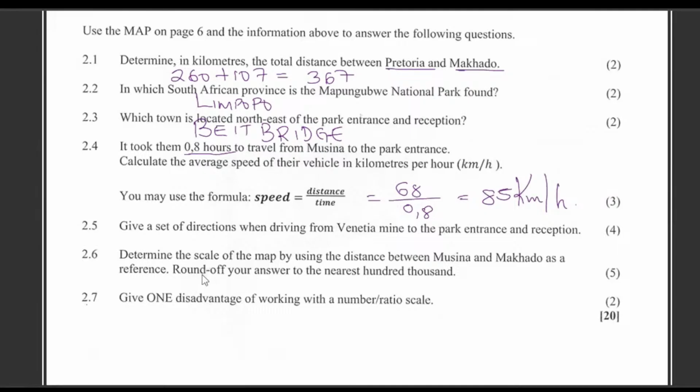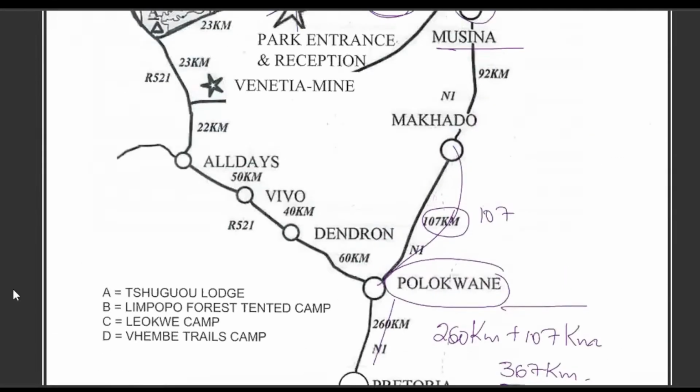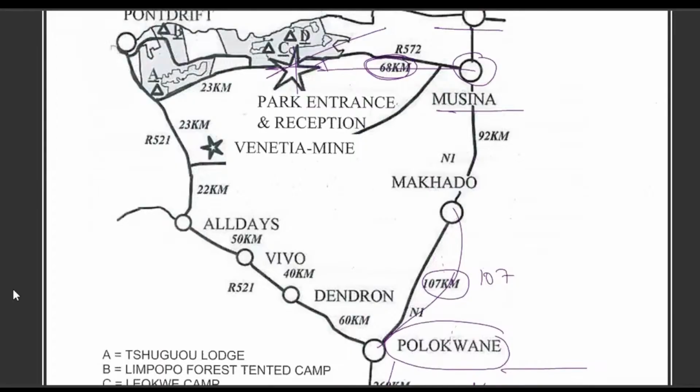So let's come to this and say, give a set of directions when driving from the mine to the park entrance and reception. Now, also this one, you need to look at it and critically tell. This is from here. So you will use R521.